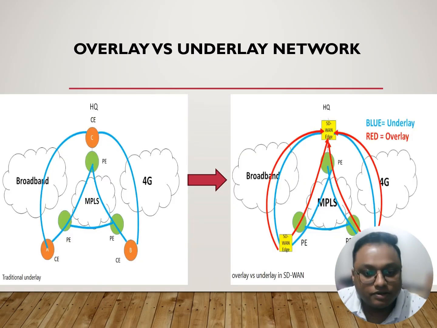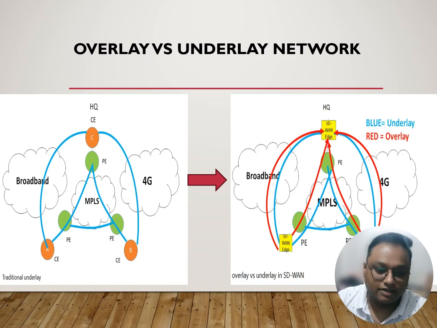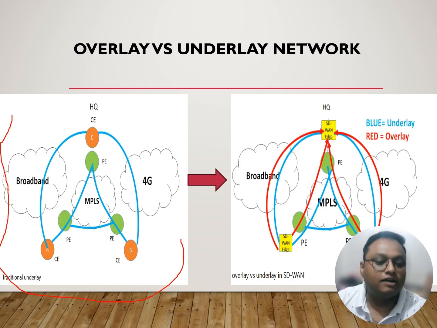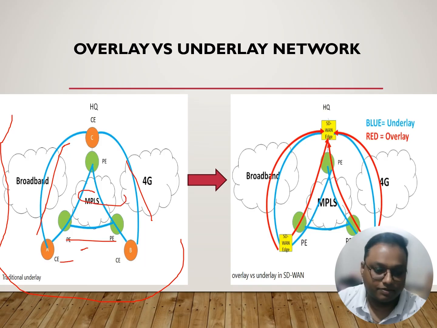Now we will see the difference between an overlay network and an underlay network. As you can see here, on the left-hand side we have the typical underlay network connectivity, where we have normal routers connected, CE and PE, with fiber connectivity, and over that we are running MPLS or BGP.